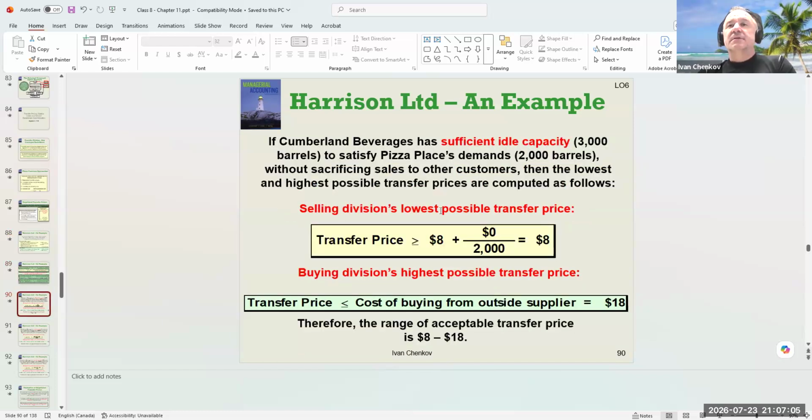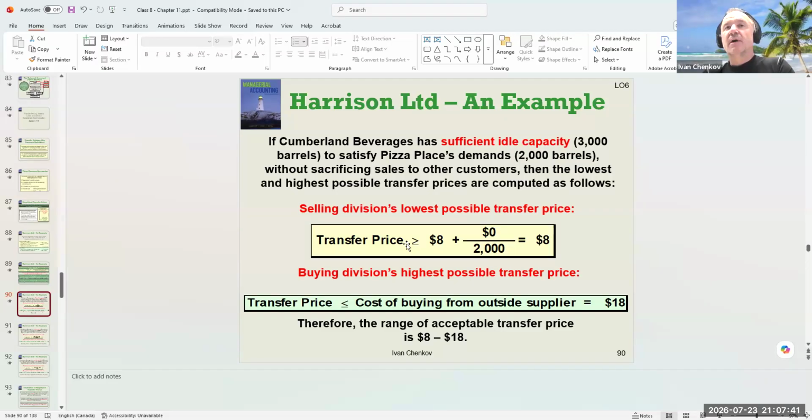So let's see the different scenarios. First one: our ginger beer department has sufficient idle capacity. Let's say they're currently producing 7,000 and capacity is 10,000, so they have 3,000 barrels of free capacity, which is enough to satisfy the pizza place's demand of 2,000 barrels. In that case, the ginger beer department will not lose any contribution margin.